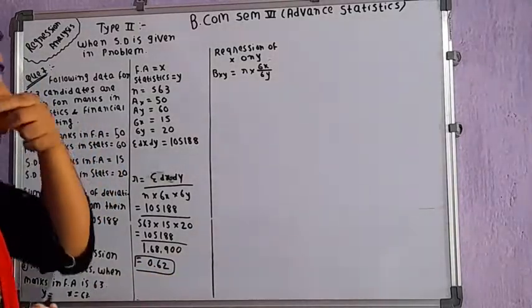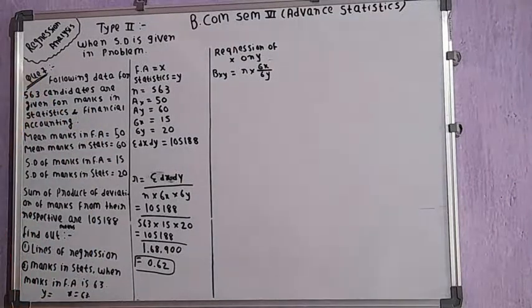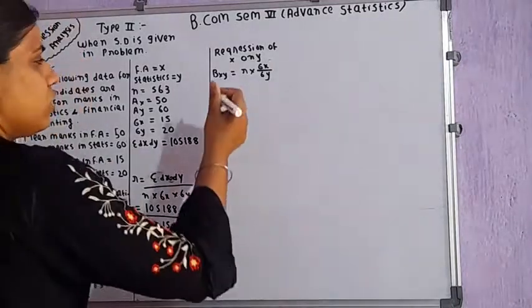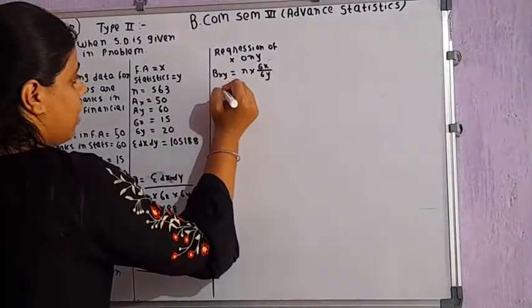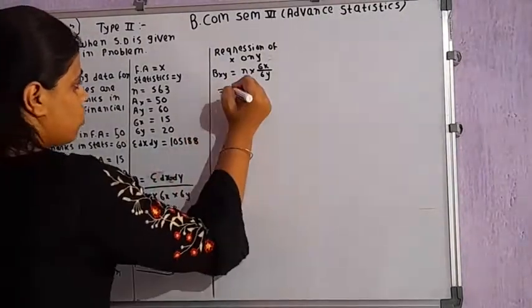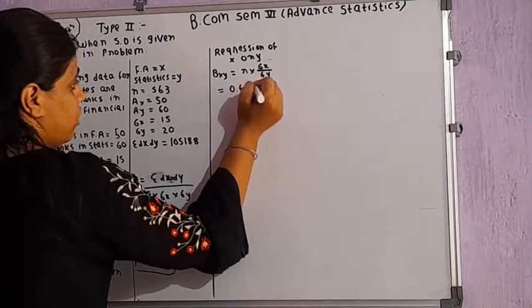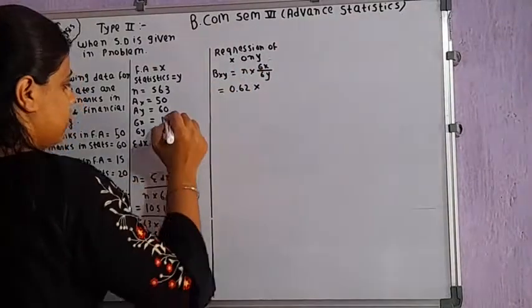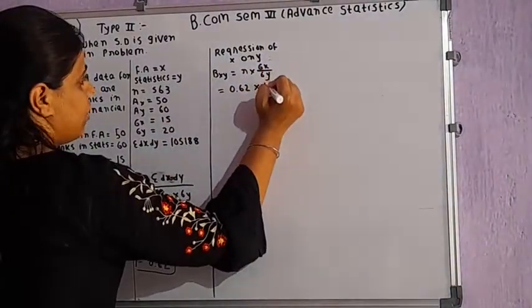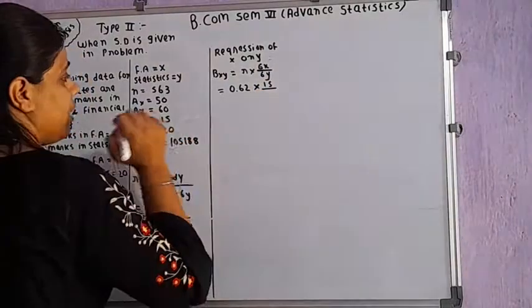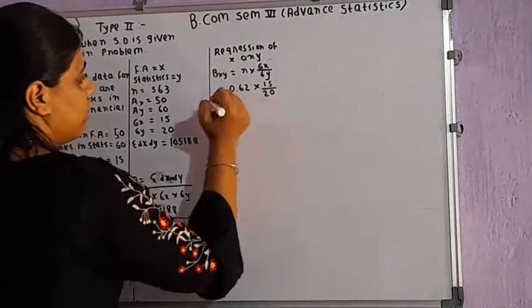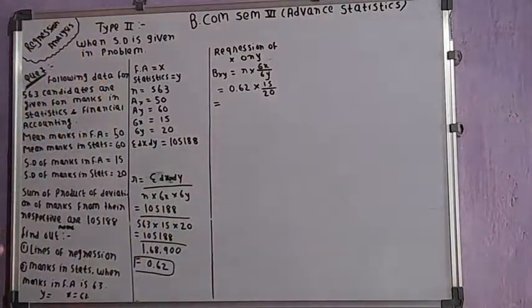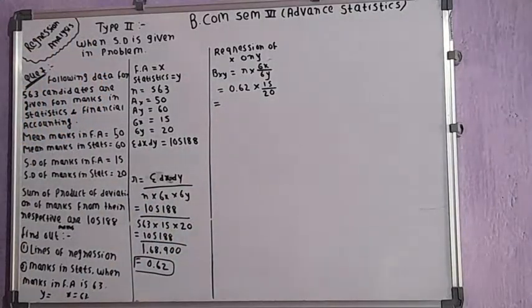Now we can proceed for calculation of the regression coefficient, and with the help of regression coefficient, lines of regression and the regression equation as well. Okay, so regression coefficient of x on y, r 0.62 we have calculated. Standard deviation of x given in the problem 15. Standard deviation of y given in the problem 20. So 0.62 into 15 divided by 20.